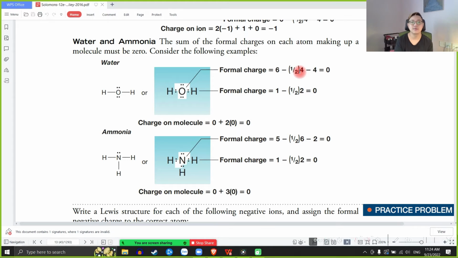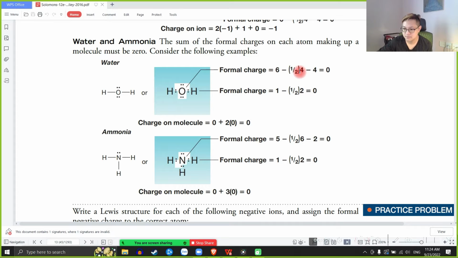And for ammonia, NH3. Nitrogen has 5 valence electrons, but it has 6 electrons shared with hydrogen, and it has 2 lone pair electrons.